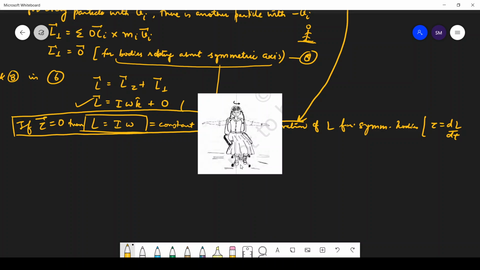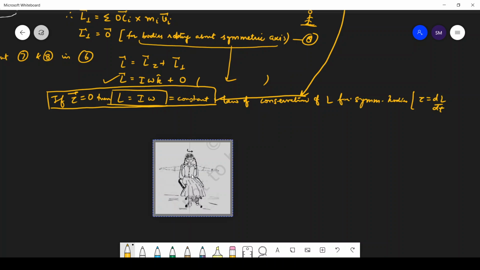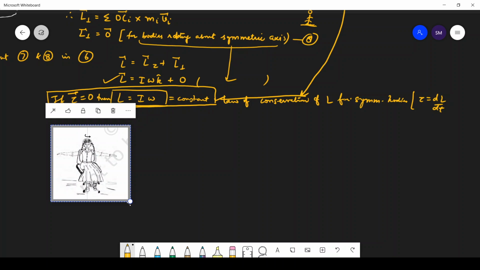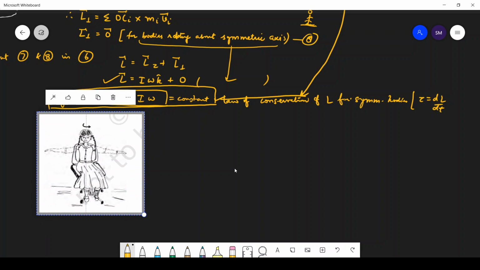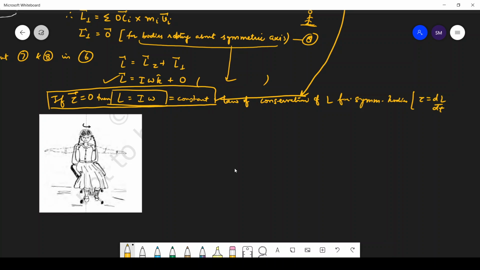Students, a very important concept: the law of conservation of angular momentum. When she is sitting on this rotating chair and spreading her arms horizontally, what about her angular speed?